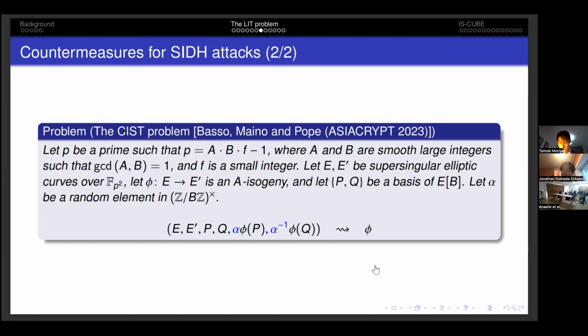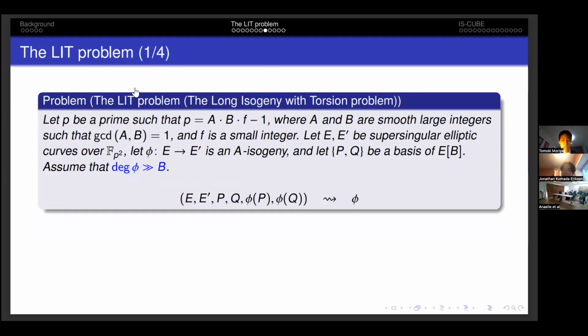Okay, so then next I want to explain about the LIT problem. And the LIT problem is the long isogeny with torsion problem. The situation is almost the same. There's a prime p, A and B smooth and coprime, then f is a small integer, and E and E prime are supersingular curves, and their isogeny, and P, Q be a basis of E[B].